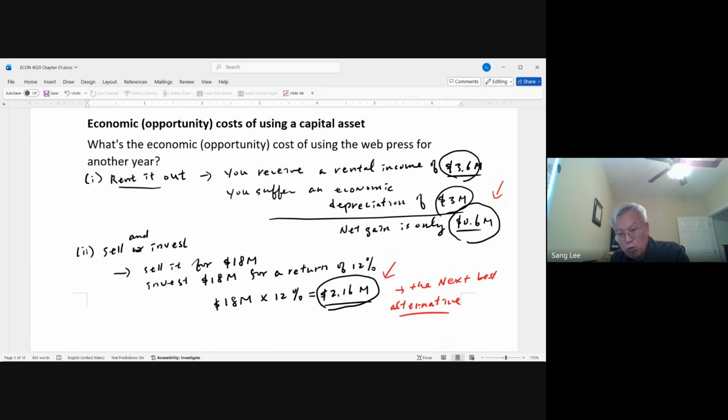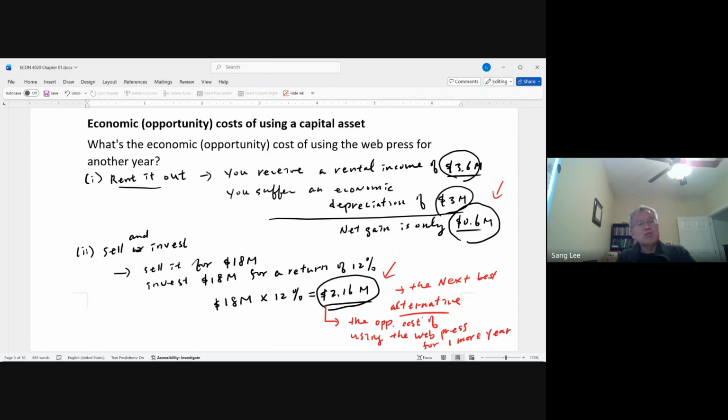That is $2.16 million. So here, the opportunity cost is $2.16 million. This is the opportunity cost of using the web press for one more year.